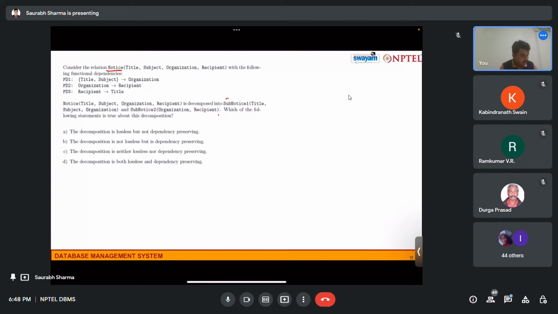For this, in notice, first I am giving some short names so that we can easily write, as we have limited space. Next is functional dependency 1, which says T and S derive O. Functional dependency 2: organization determines recipient, and recipient determines the title.